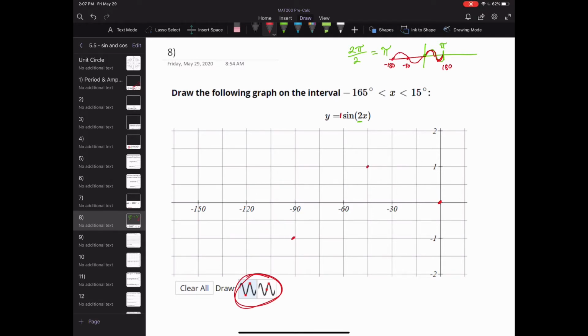So right here, I'm looking at that distance, and I'm making sure that this is the midline, right? Like it's right in the middle. Let's erase that line as well. So I know it's gonna look like this.